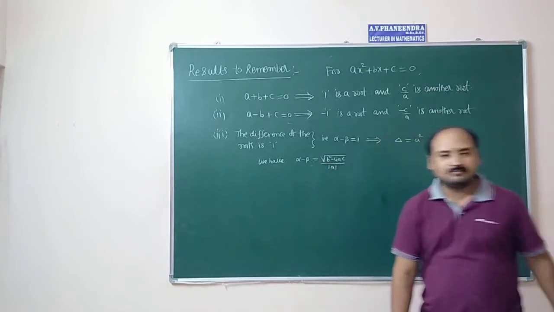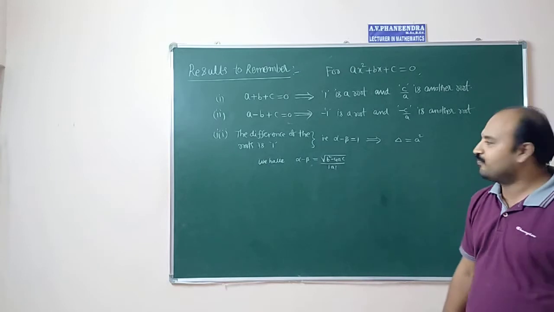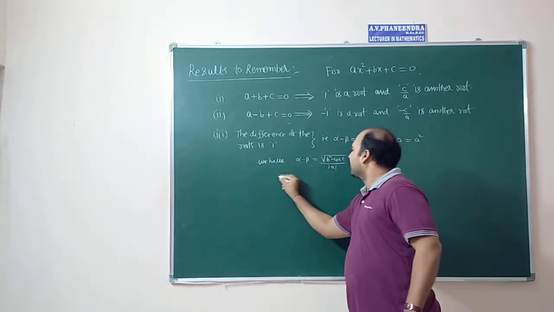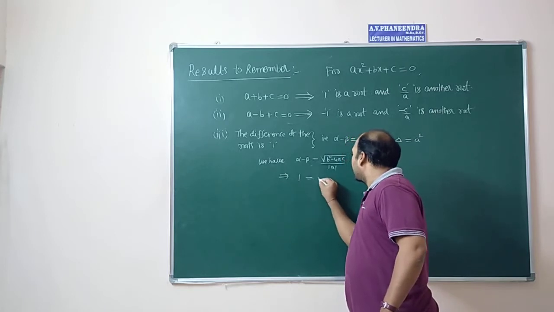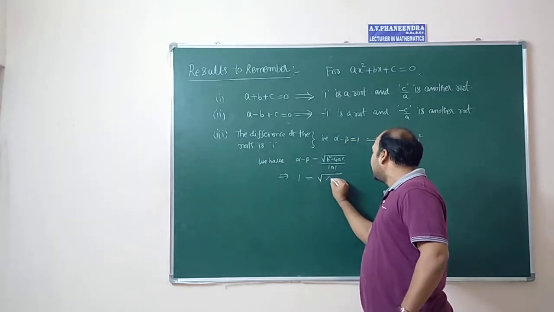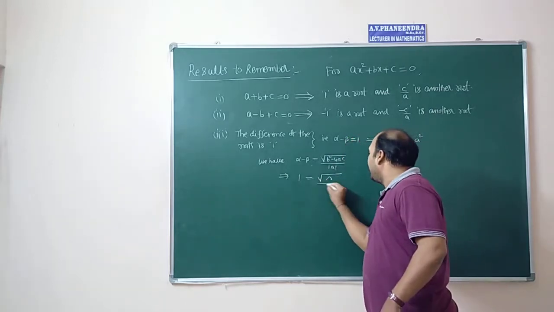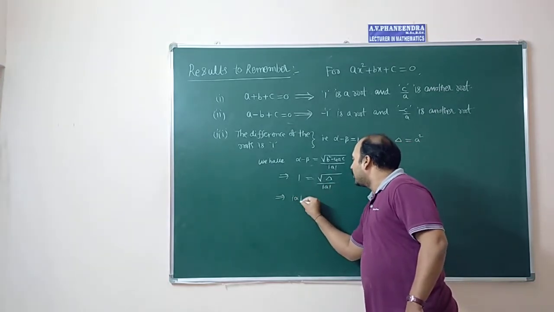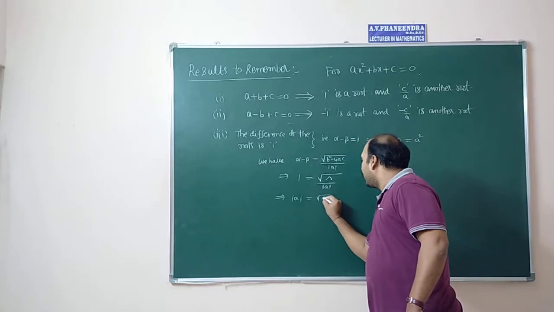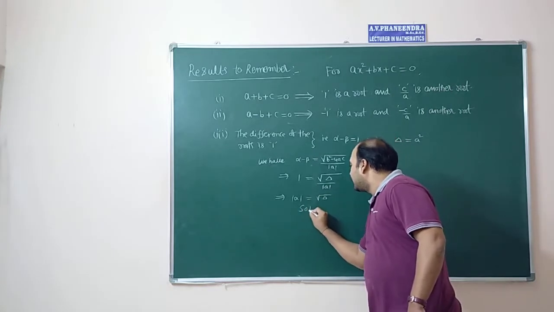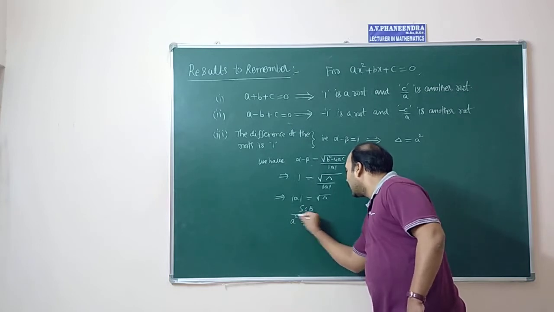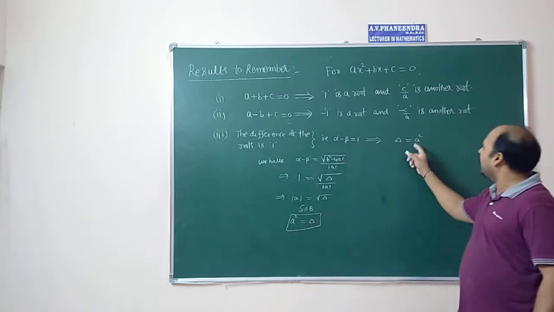Whenever alpha minus beta is equal to 1, here 1 is equal to square root of b square minus 4ac, which means delta only, divided by mod a. Cross multiply: mod a is equal to square root of delta. Squaring on both sides, a square is equal to delta. That's what I said here: delta equal to a square.